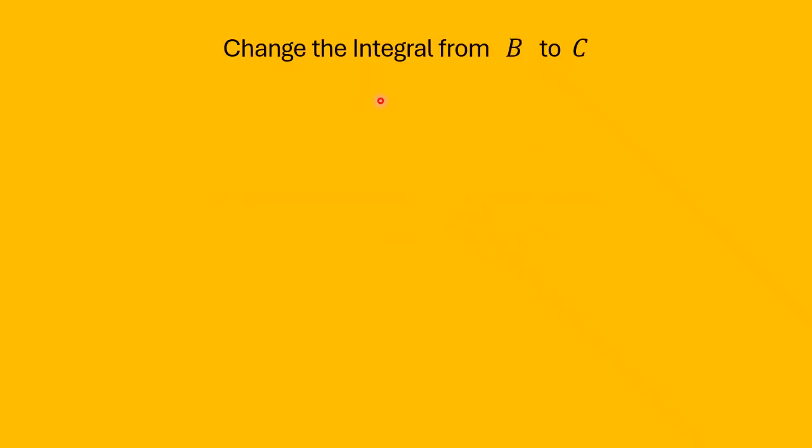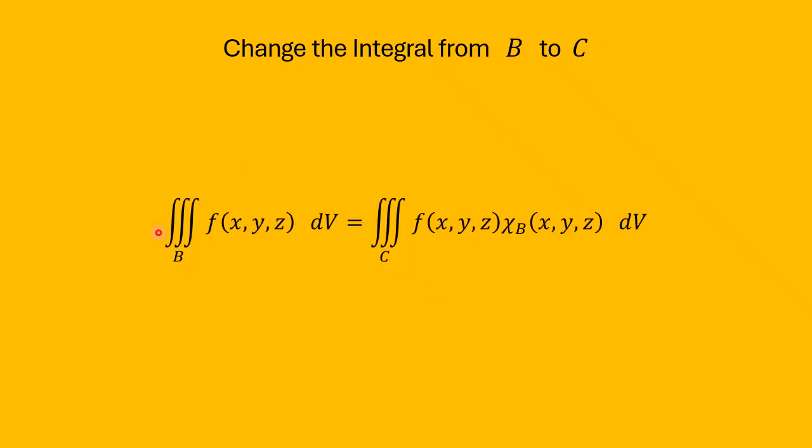So a crucial step is to change the triple integral from an integral over the ball B to an equivalent integral over that cube C. We're going to look at the integral over B, where the integrand is f of x, y, z, and we're going to change it to something else.